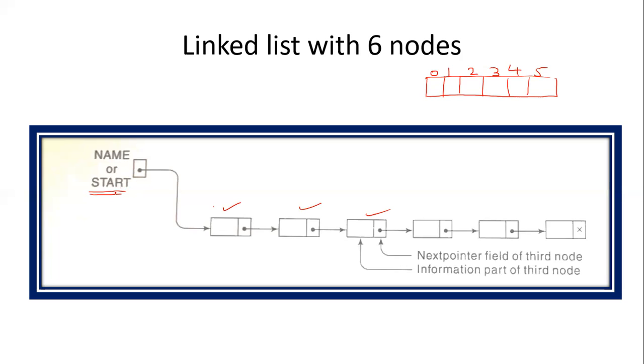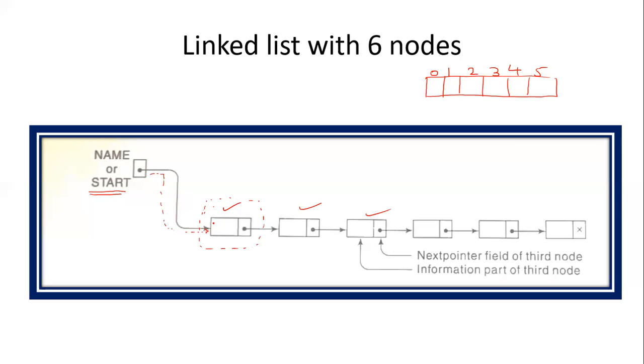Start is basically a pointer which will point to the first node in the list. Then this is what we call a node. Each one is one node.